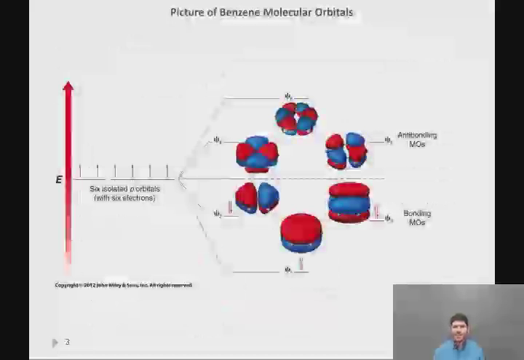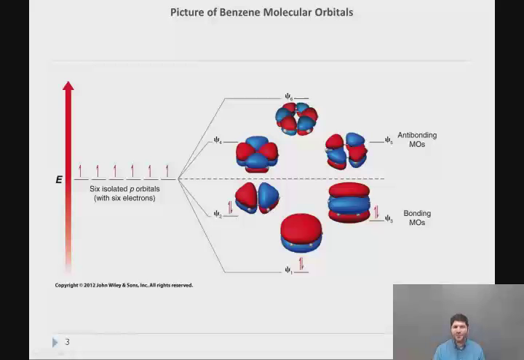Finally, I would like to show you the pictures of these molecular orbitals. Okay, so the 3 bonding molecular orbitals are going to be lower in energy than that of an isolated p orbital. And psi1, as you can see, just like the lowest energy molecular orbital of 1,3-butadiene, is bonding everywhere.